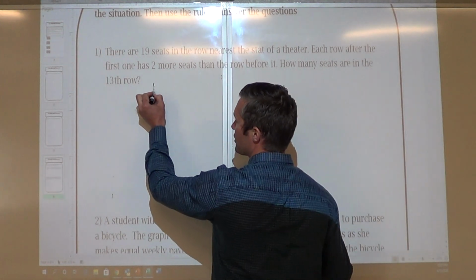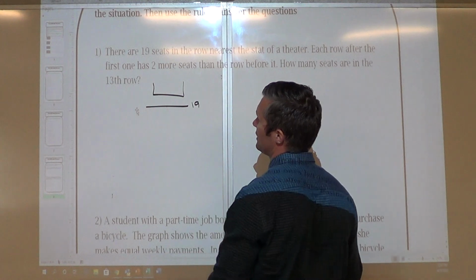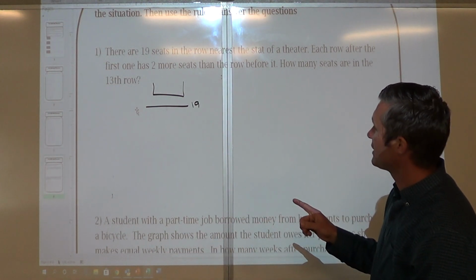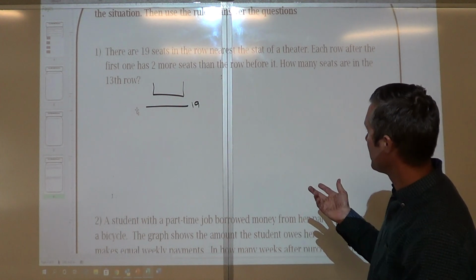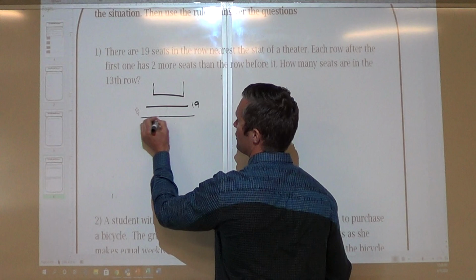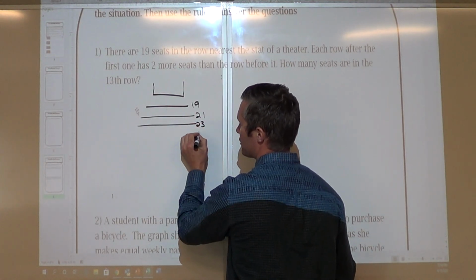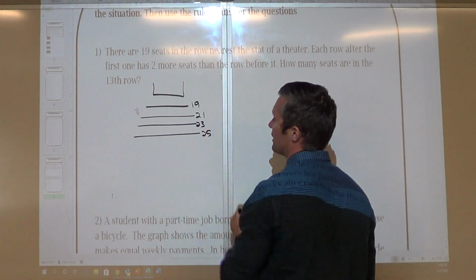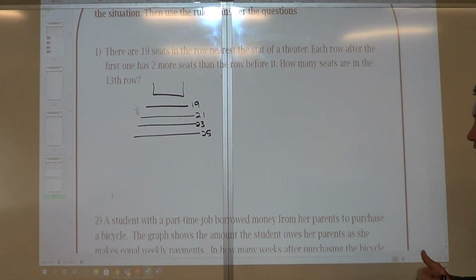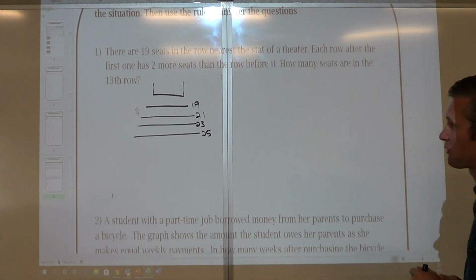So if I had a stage up here, and then this first row, it has 19 seats. Each row after has 2 more, so it would be 21, then 23, and so on. We want to write the explicit formula and recursive formula, and then find how many are in the 13th row.